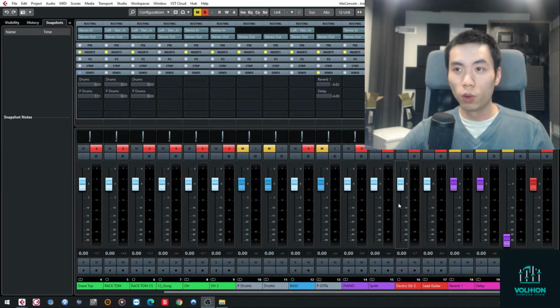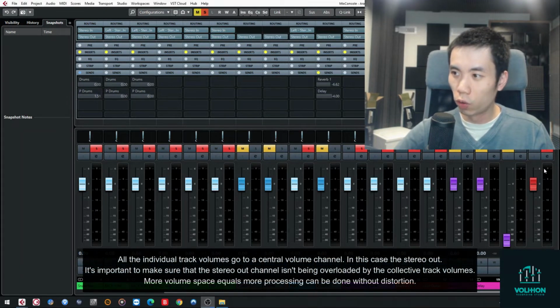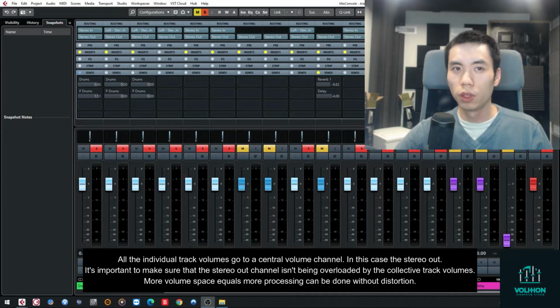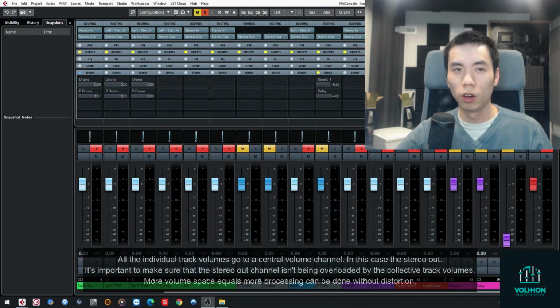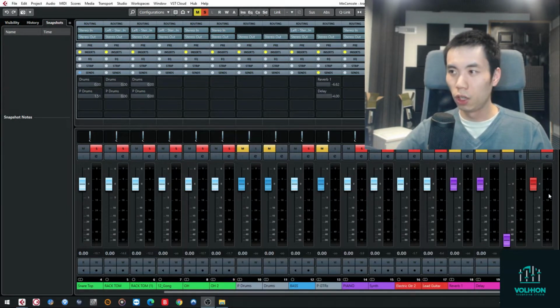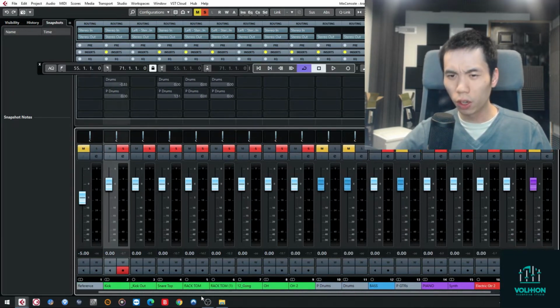The reason we don't want too much volume is that if too much volume is processed over into the stereo out, it'll limit the amount of processing we can do. When we do things like EQ, compression, delay and chorus, they all add volume, and you don't want your mix to be always clipping, as clipping will end up distorting your mix.